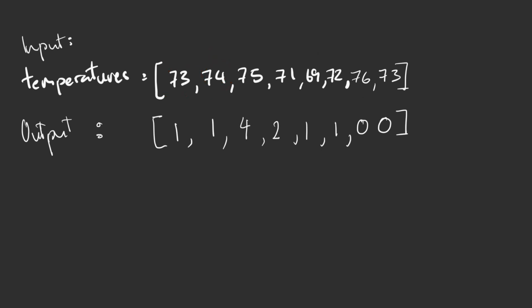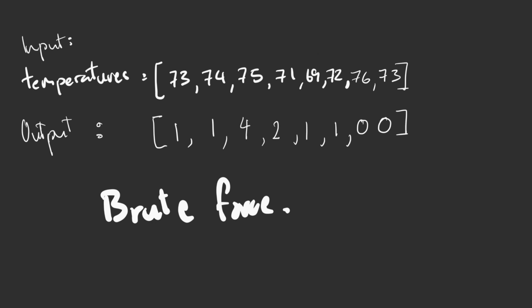I think it is very easy to see that this problem can be solved by using a brute force approach. The brute force approach is that we just need to have two loops, or we can call it nested loops. We can have the I temperature, and then the nested loop is going to start from the index I plus 1, which is j.